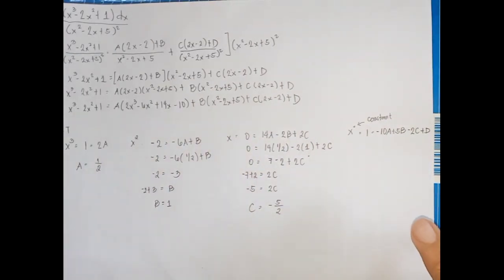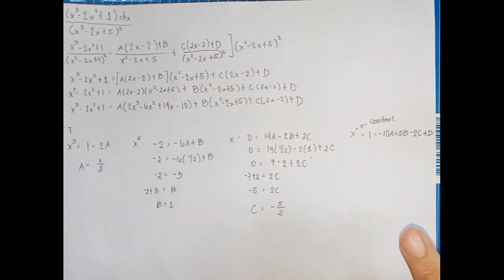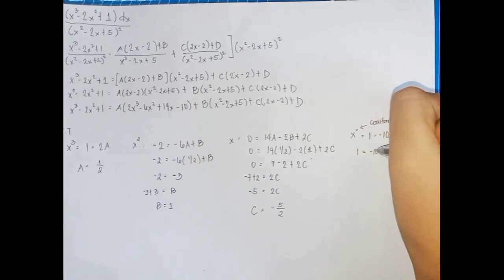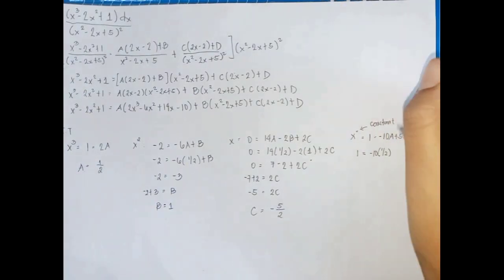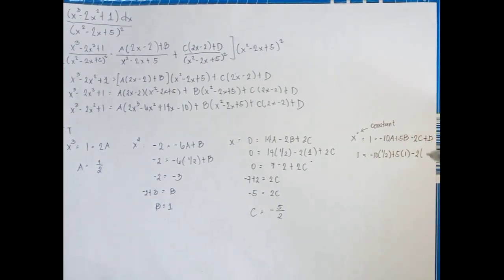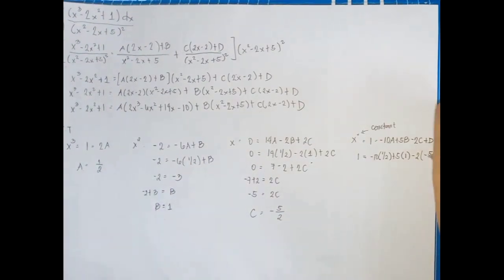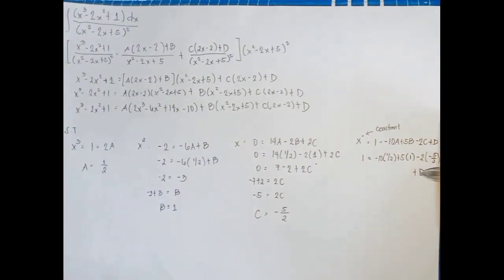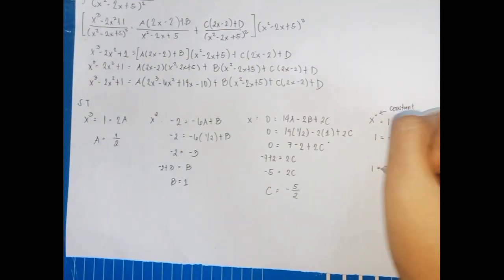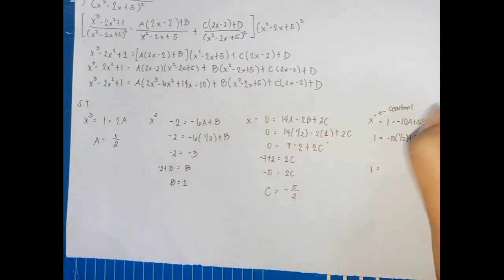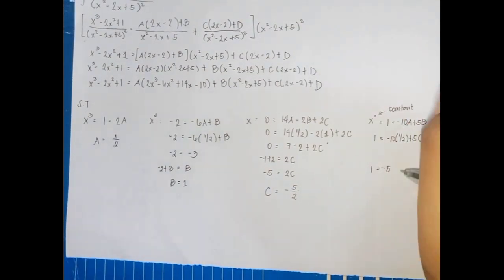So now we are going to solve for the value of D. So 1 is equal to negative 10 times 1 half plus 5 times 1 minus 2 times the value of C, which is negative 5 all over 2, plus D. So the next thing that will happen is this will be negative 5 because 2 divided by negative 10 will be negative 5 plus 5.